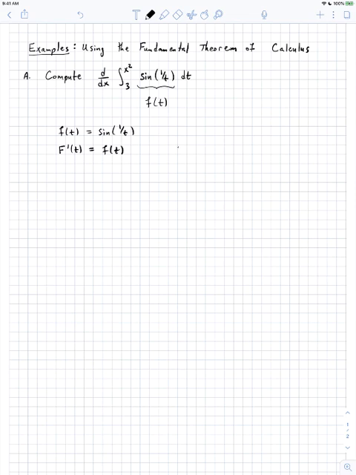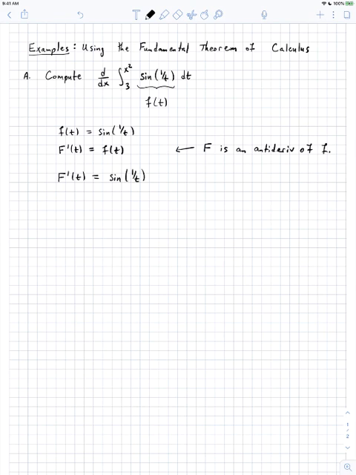So that is to say, capital F is an antiderivative of little f. We know that such a thing exists. We just don't know what it looks like. But what we do know is that capital F prime of t is equal to sine of 1 over t.